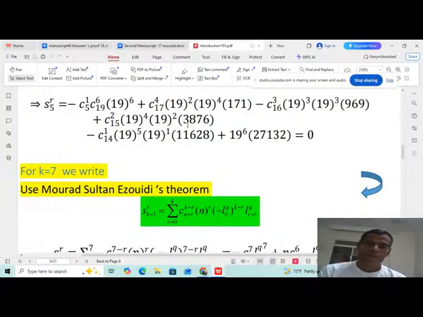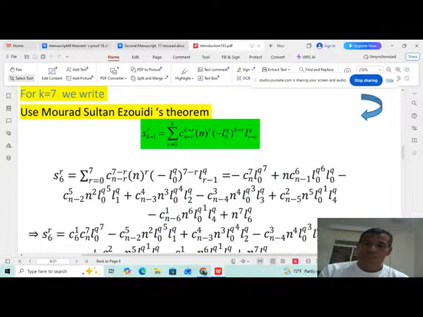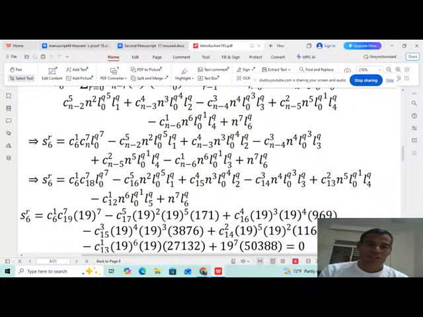For k equals 7, you are going to find the seventh coefficient of the new 19th-degree equation. To find this, you should apply this formula. Put k equals 7, and we obtain S6. Then expand it and write it in its simplest form. After writing it in its simplest form, I will write the formula here.